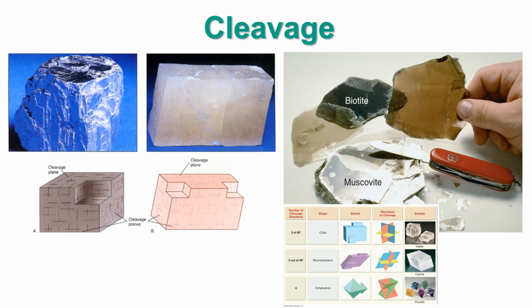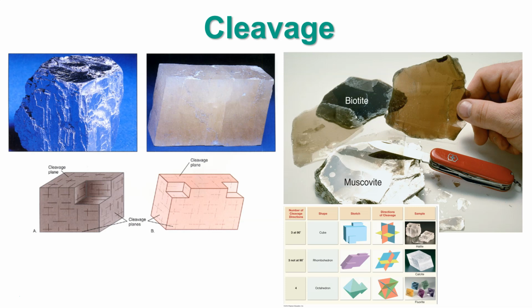For example, if I were to take either of the two upper left minerals and hit them with a hammer, they would break off in smaller cubes, but they would all look the exact same. That's because these minerals demonstrate cleavage.